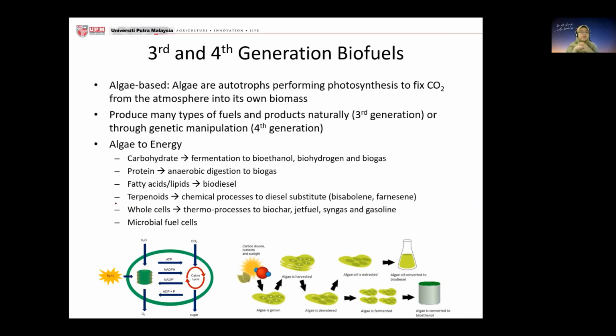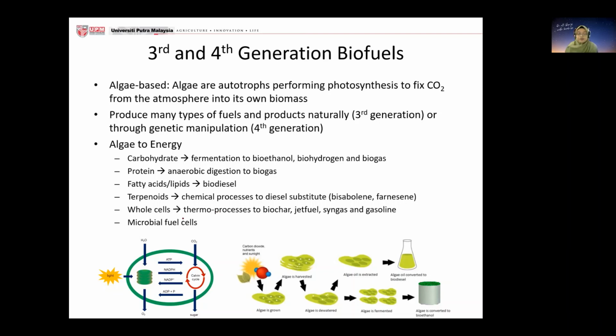Not only that, if you don't want to separate the components, the whole cells can be used in thermal processes, where you can produce biochar, jet fuel, syngas, and gasoline.